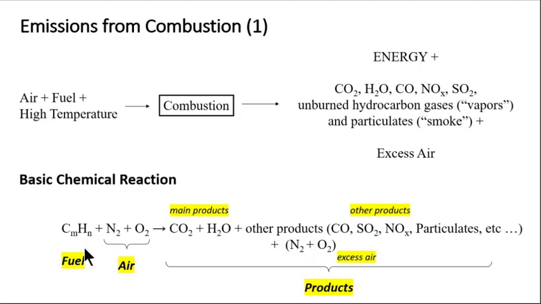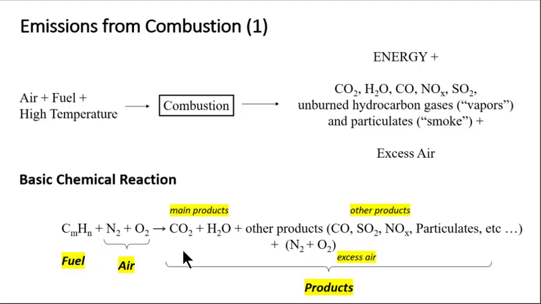We then denote air by its two main components, nitrogen and oxygen. We then denote the products of combustion into two classes. The main products are carbon dioxide and water vapor. These comprise the main products that are created from the carbon, hydrogen, and much of the oxygen in the original hydrocarbon fuel molecules and air.